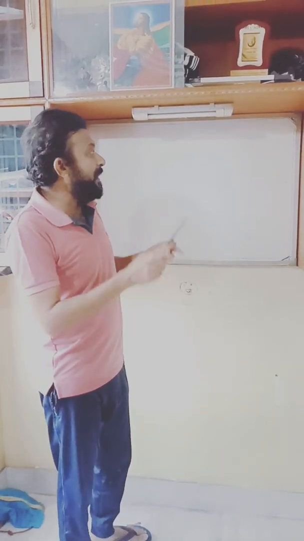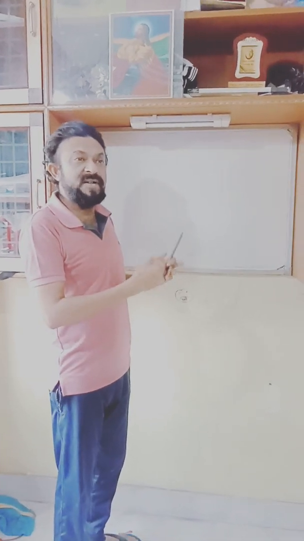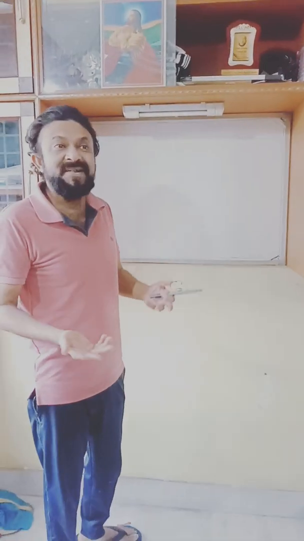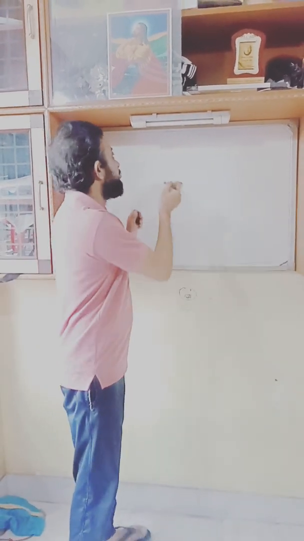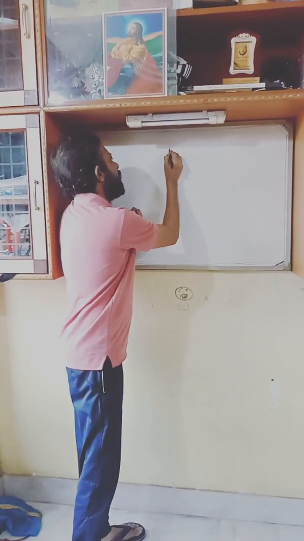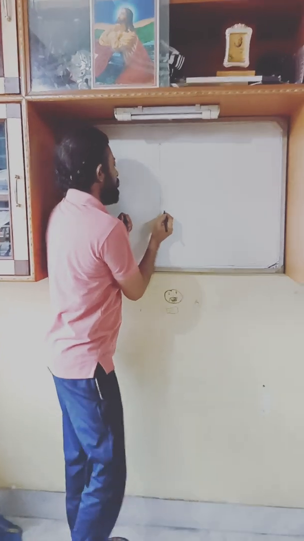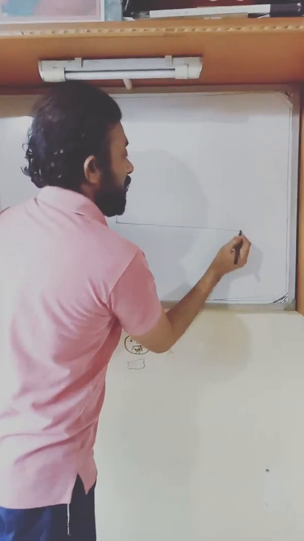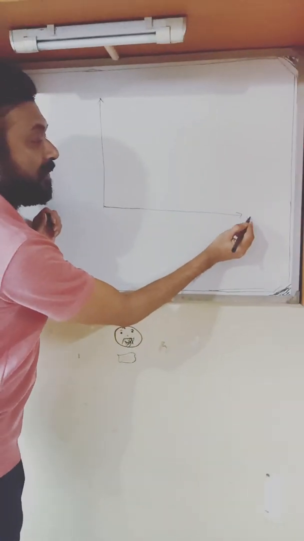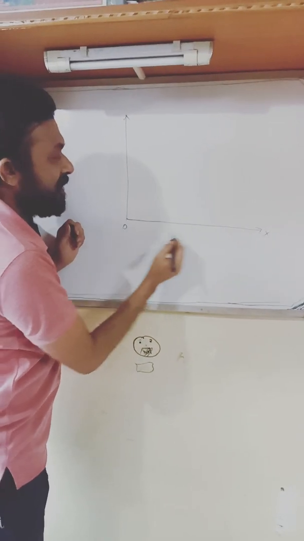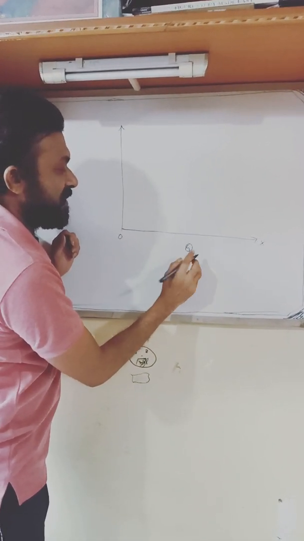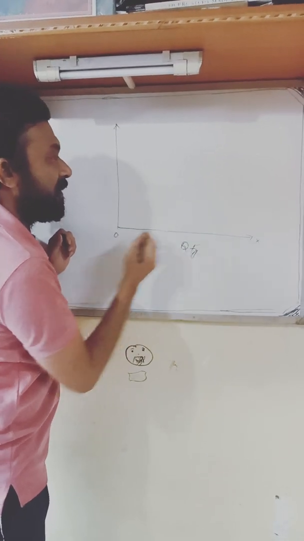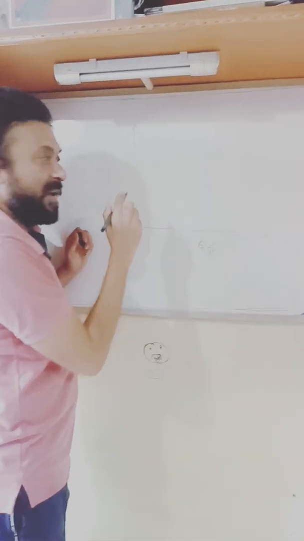Now, how do we depict it in a graph, in a diagram? Diagrammatically, how do we illustrate it? That's very important. So, let me show it. Along the x-axis, as usual, quantity demanded as well as quantity supplied.